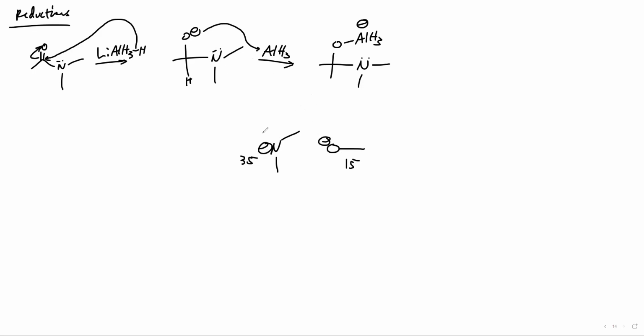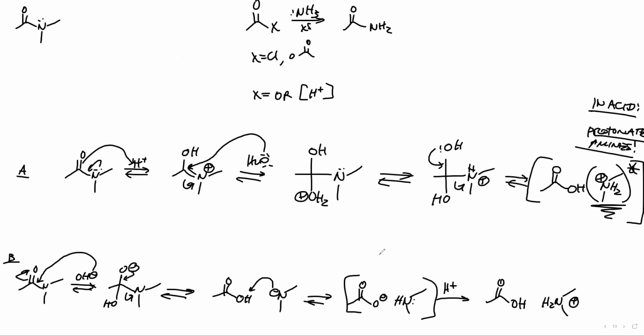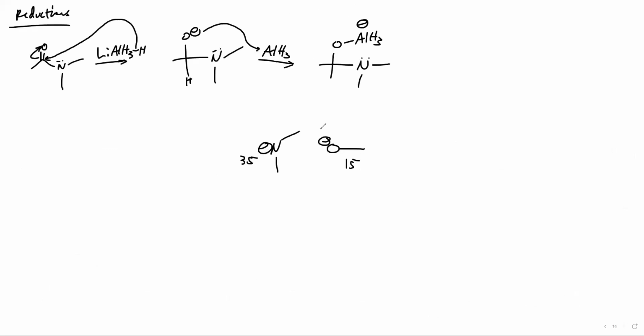When it comes to the amide, though, we are not trying to kick off N minus. Sure, we did kick it off in hydrolysis, but we didn't really have a choice, right, to move forward. To hydrolyze, we had to kick it off. And there was a way to stabilize that N minus when it came off anyways, to make that very stable carboxylate. In this case, though, we're not going to have that same sort of stabilizing moment.